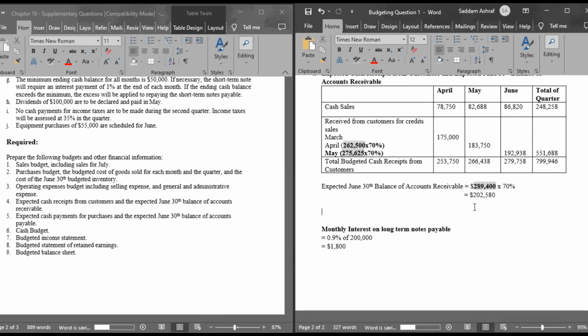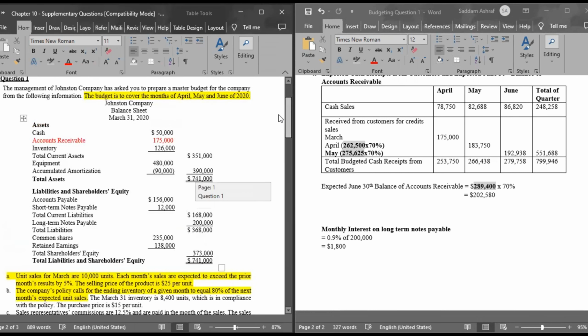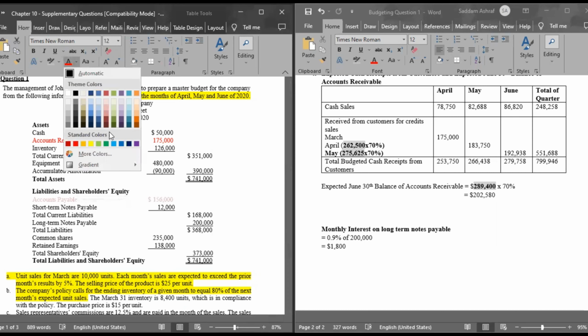First of all, we need to know the accounts payable balance in the last quarter. We have been provided with the balance sheet of last quarter, and under liabilities and shareholders' equity, you can see the amount of accounts payable. So the opening amount of accounts payable is 1,56,000.